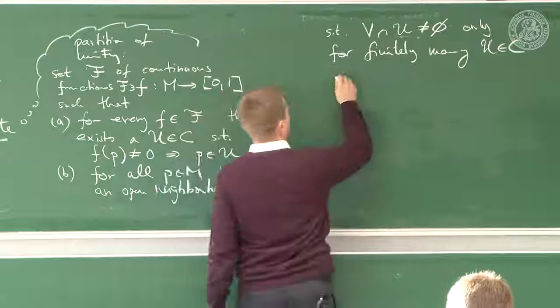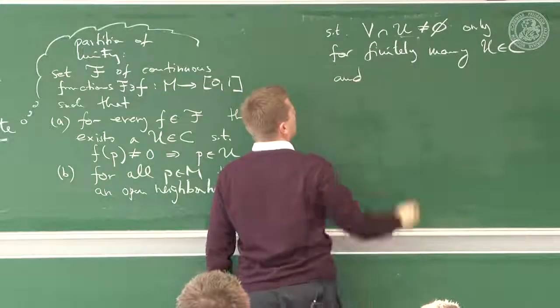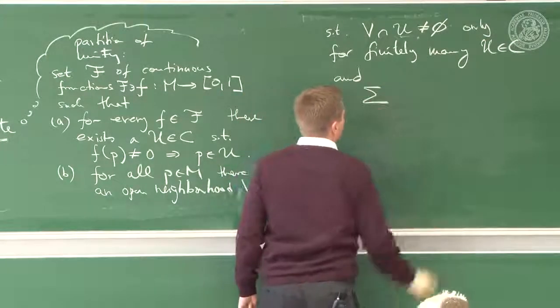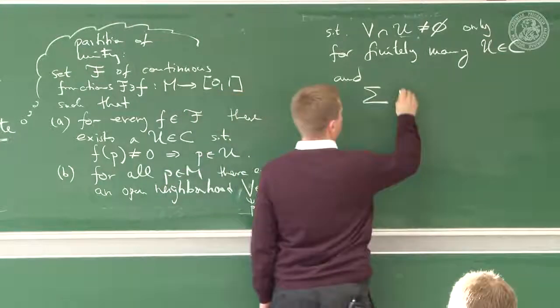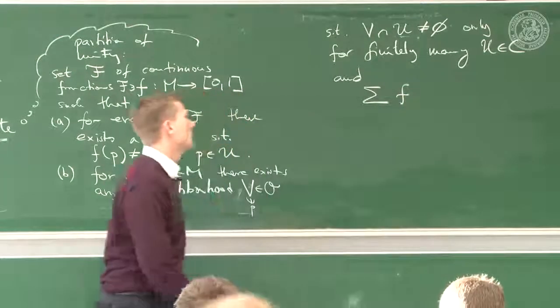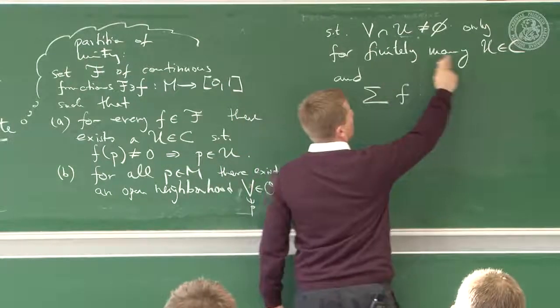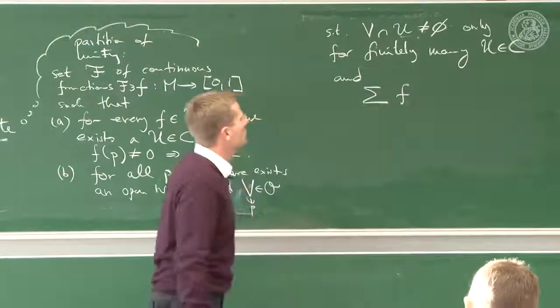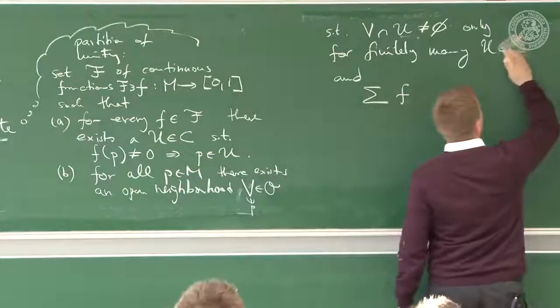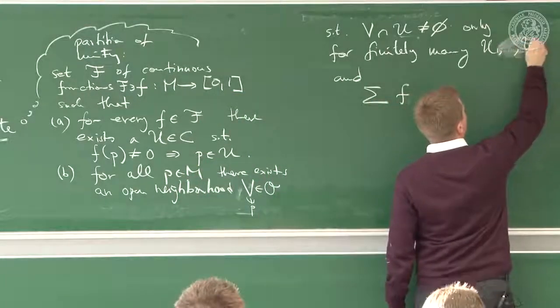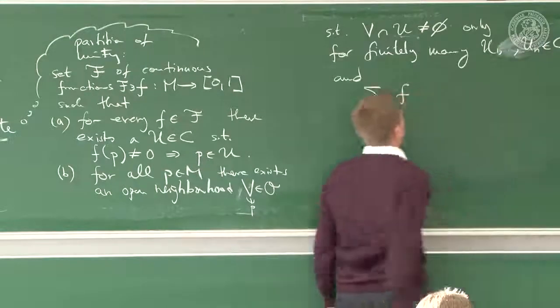And if that's the case, then we can look at all the functions f for these finitely many U in the cover. So only for finitely many U1 to UN in the cover.